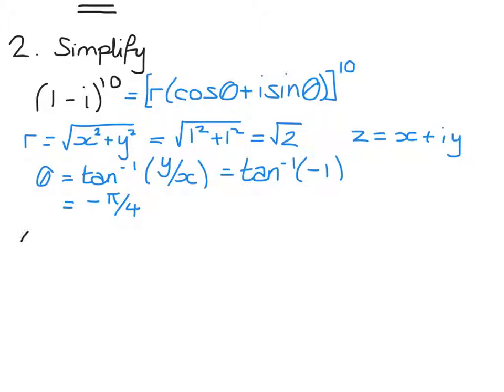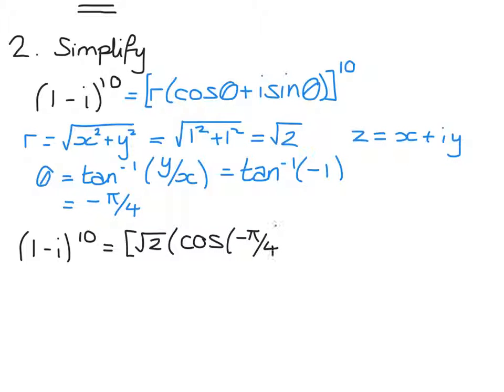So now that we can rewrite (1 minus i) to the power of 10 in the form of a polar complex number, we get that it is root 2 multiplied by (cos of minus pi over 4 plus i sine of minus pi over 4) all to the power of 10.